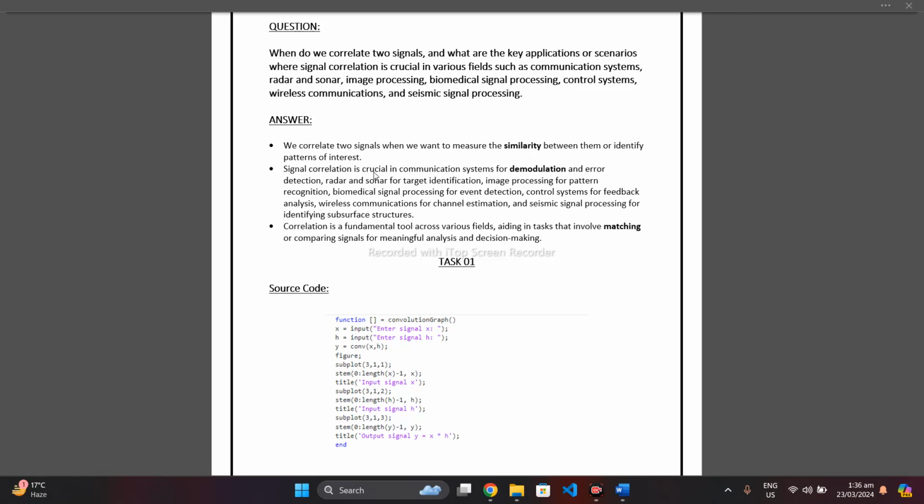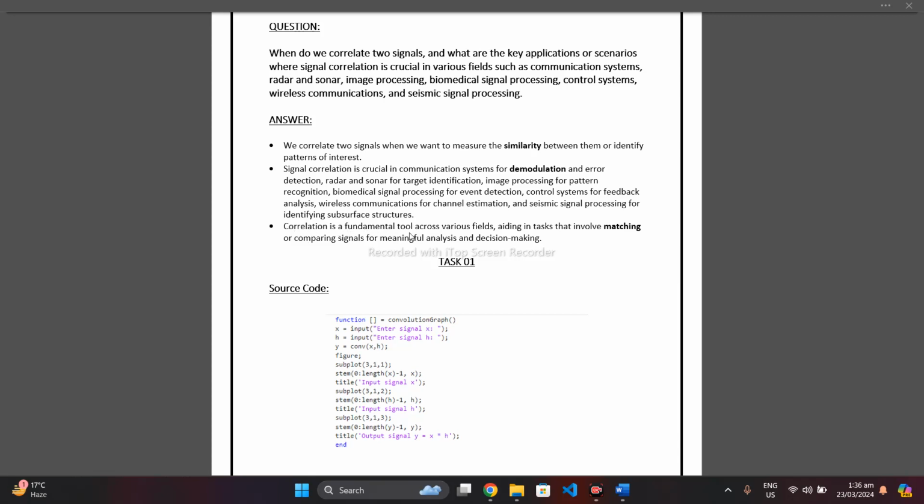Signal correlation is crucial in communication systems for demodulation and error detection, radar and sonar for target identification, image processing for pattern recognition, biomedical signal processing for event detection, control systems for feedback analysis, wireless communication for channel estimation, and seismic signal processing for identifying surface and subsurface structures.